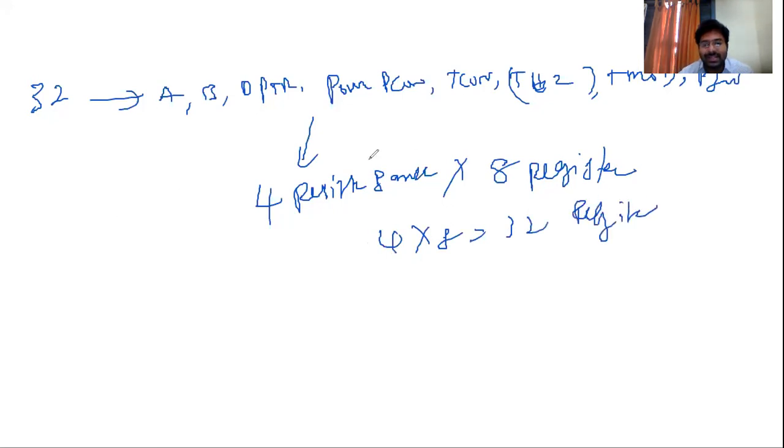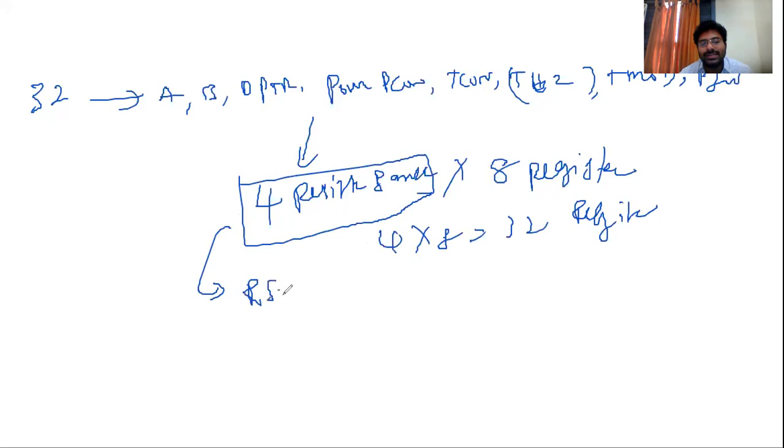How to access this register bank? The register bank can be accessed by the bits RS0 and RS1, which are available in the PSW, the program status word. So there are 4 banks.